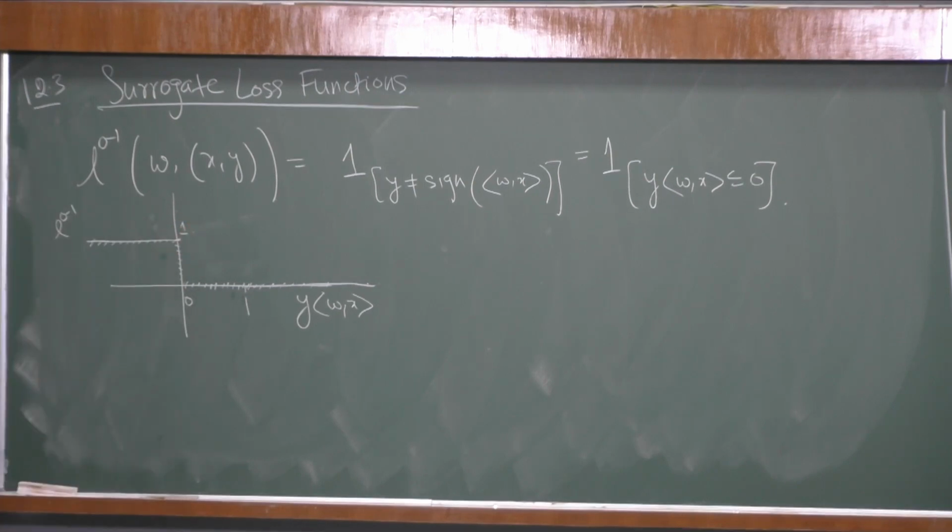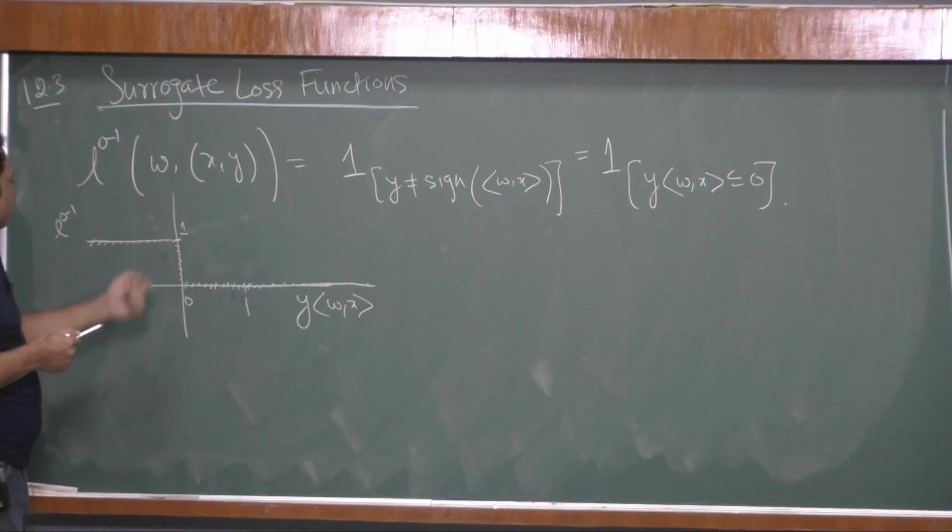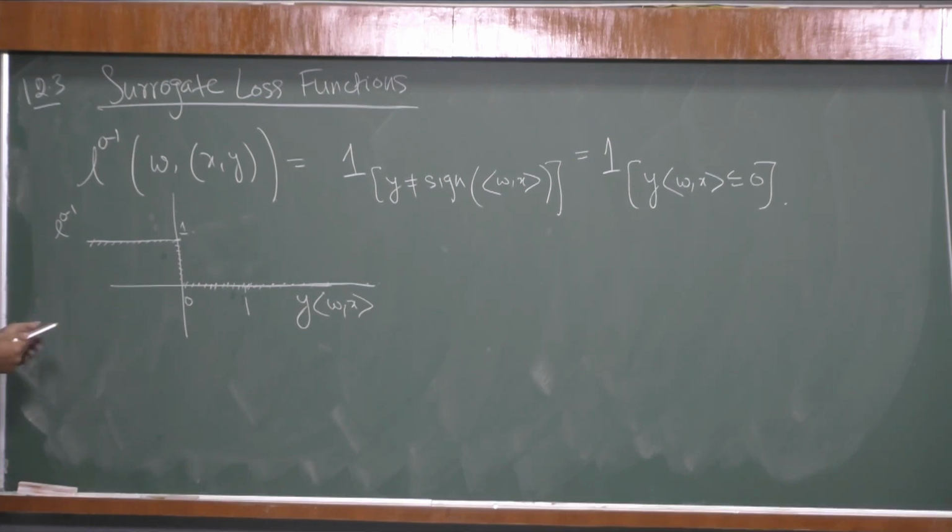So y times W transpose x, if it's greater than or equal to 0, then the loss is 0, otherwise it takes 1. So this is the 0-1 loss that we define. So it is clearly not convex.